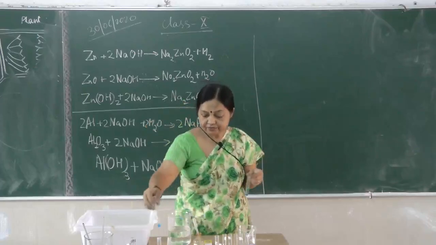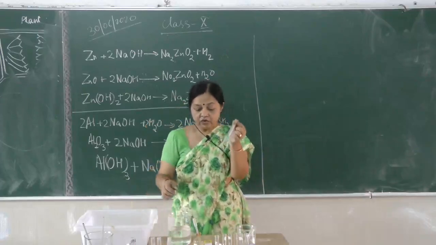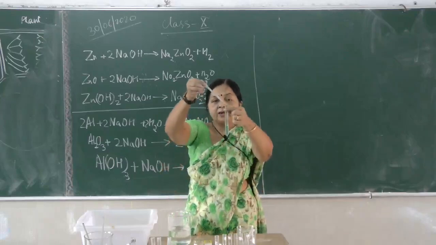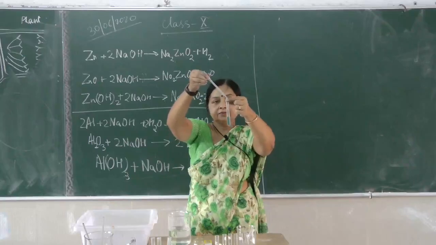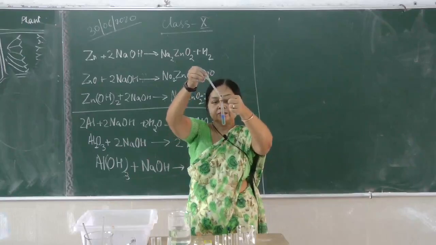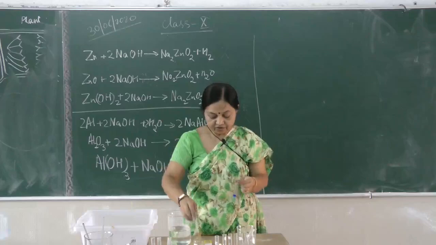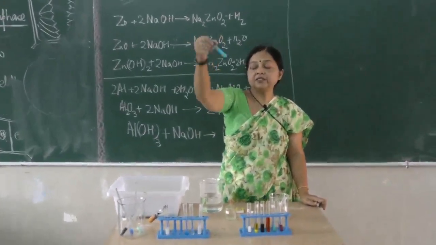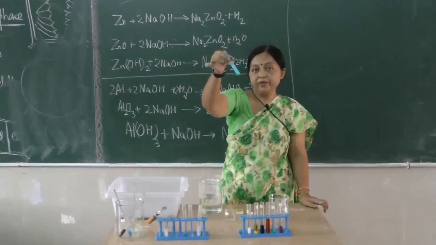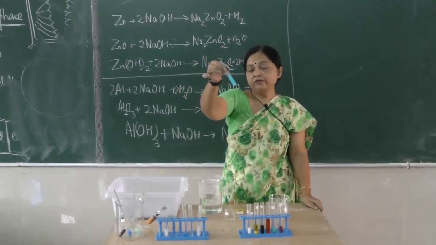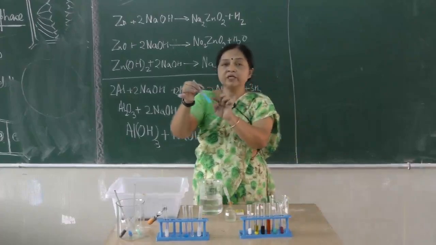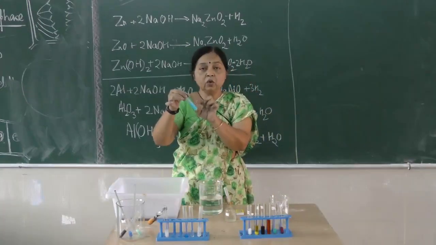We take the clear liquid. Now to this we add ammonium hydroxide. See, in drops I am adding. When you add in drops, you get a pale blue precipitate. When a few drops of ammonium hydroxide are added to copper sulfate solution, you get a pale blue precipitate. What is this? Copper hydroxide, Cu(OH)2.